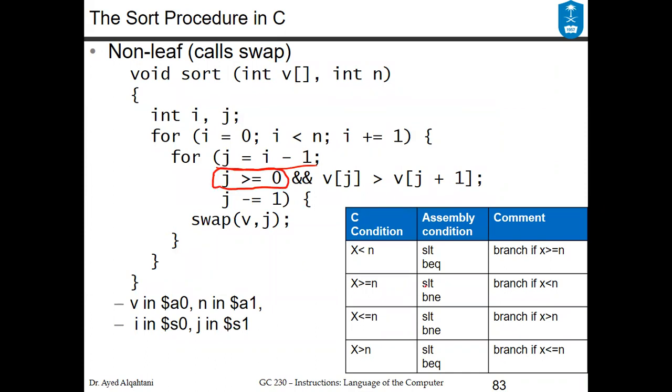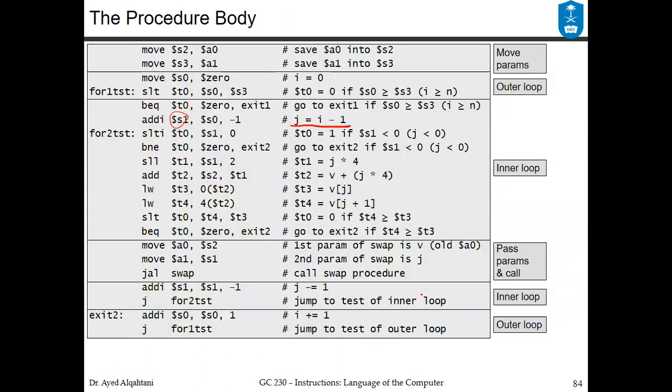We use set less than followed by branch not equal. In a similar way like before, we will exit if this is not satisfied. If this is not true, we will go to the label exit 2.